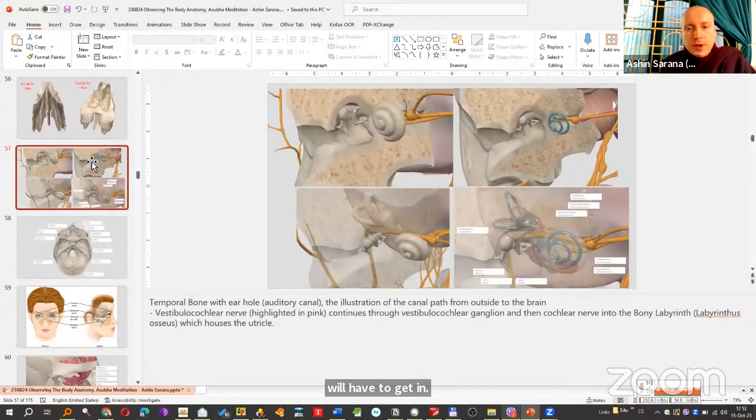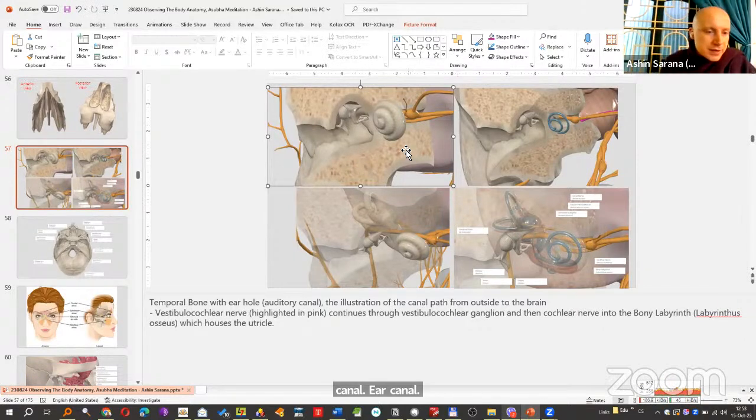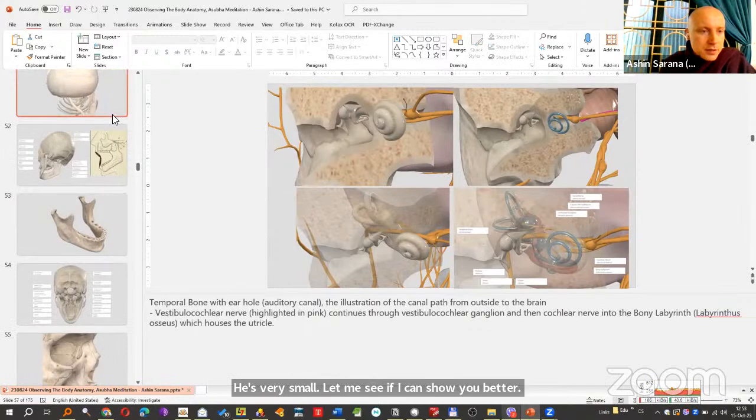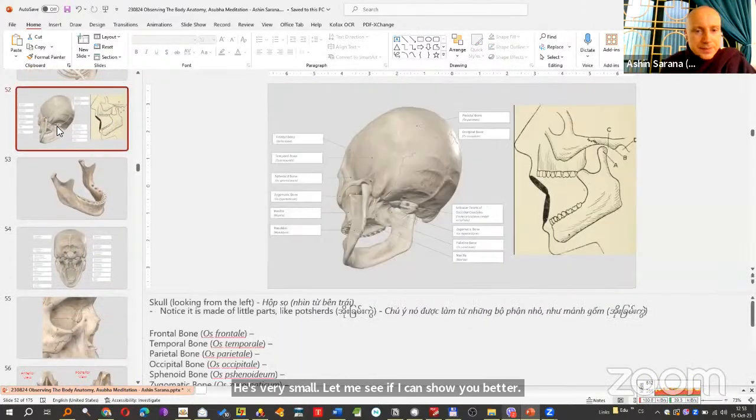Now we are going to look at the ear hole, the ear canal. The ear canal is very small. Let me see if I can show you better. Here it is.